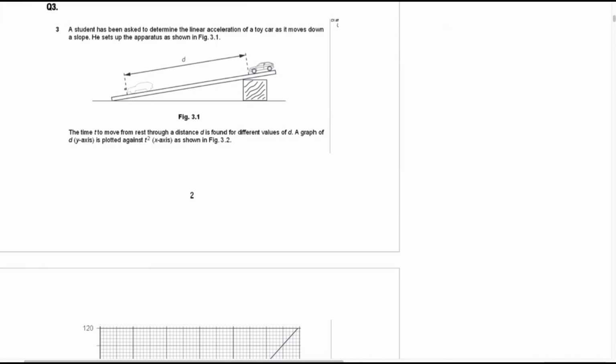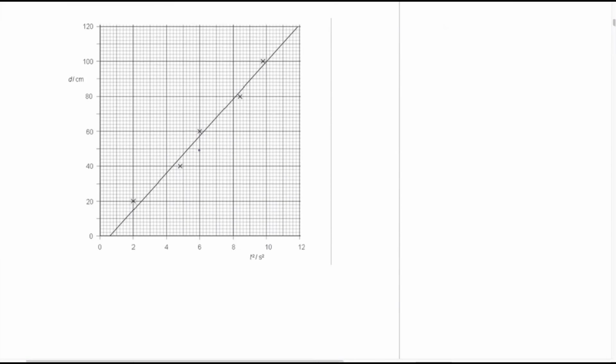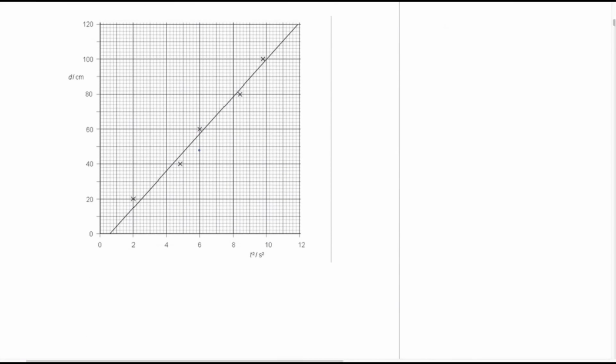The time t to move from rest through a distance d is found for different values of d. A graph of d is plotted against t squared, as shown in figure 3.2. So we have a graph d against t squared. It's a straight line graph. So this graph is given.